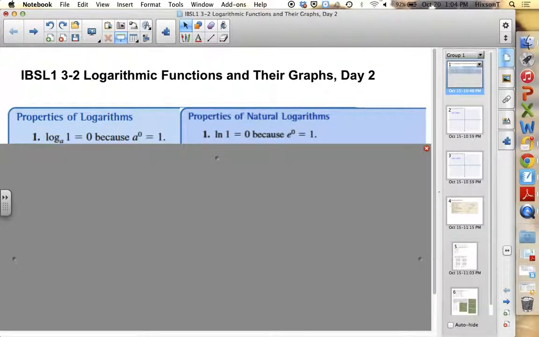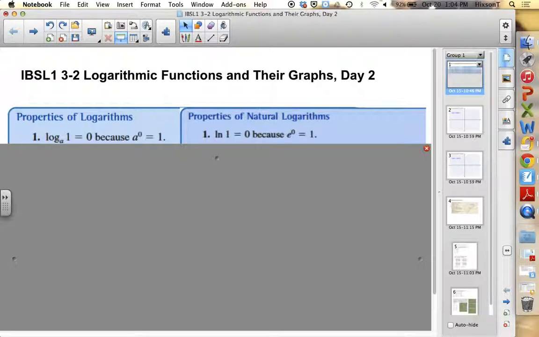First of all, the log base a of 1 equals 0. Or the natural log of 1 equals 0. Remember, what a log equals is the exponent of the base. So here we have something to what power would give me 1?